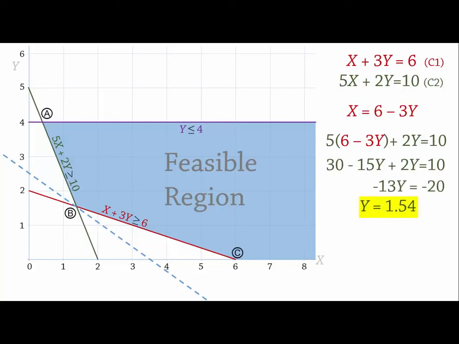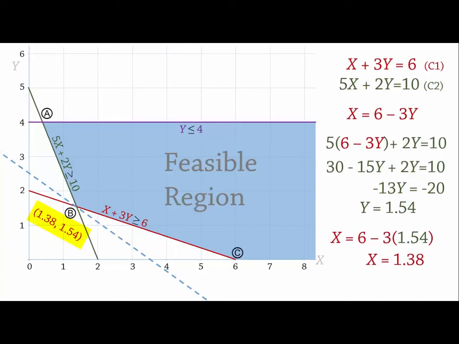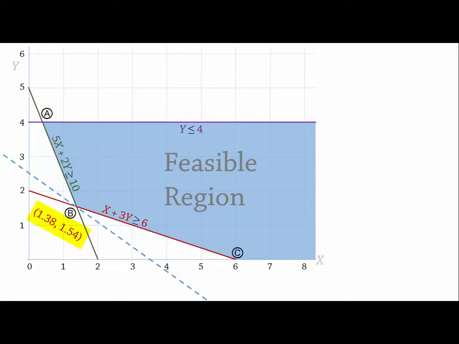And that gives y equals 1.54. Substituting, that is x equals 1.38. So the coordinates at point B are x equals 1.38 and y equals 1.54.